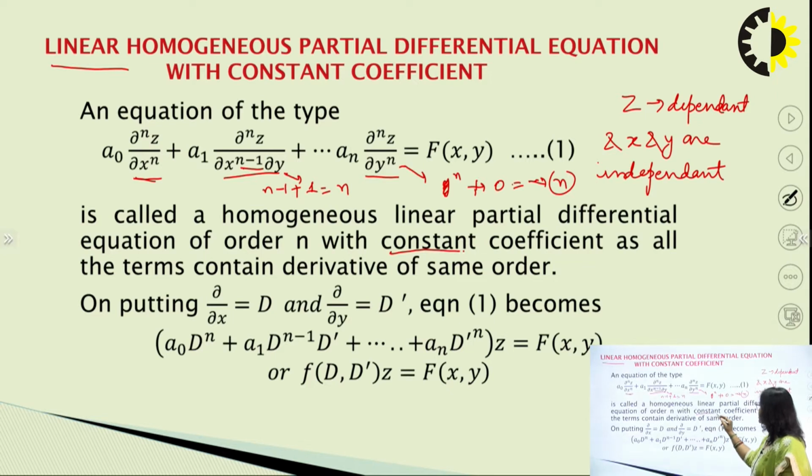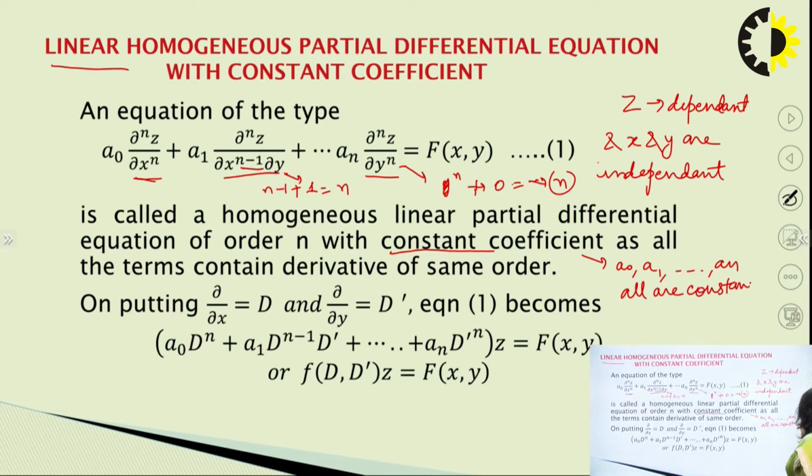Constant coefficients means that all the a i's, that is a0, a1 till an, are constant. That's why this is a constant coefficient partial differential equation.